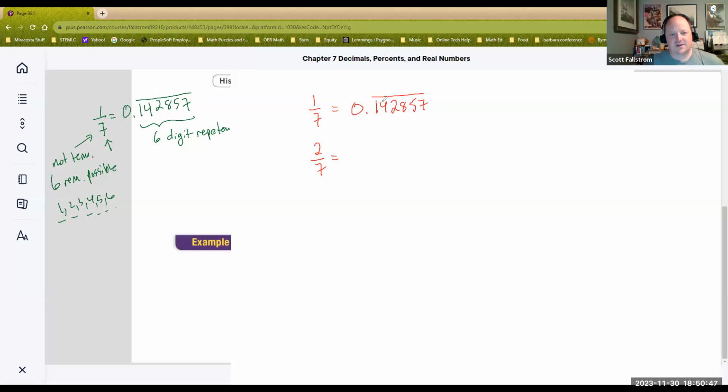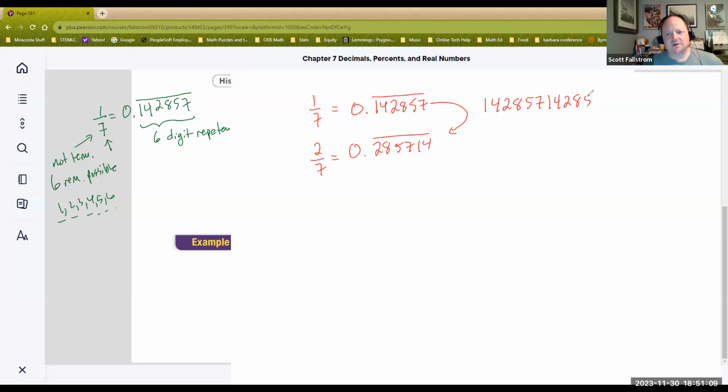They give you everything that you need. 2/7 in this case, because there's only 6 possibilities here, is 285714. Now I want you to take a look. It's basically the exact same digits in order. Notice if I wrote out the first one, I'd have 142857, but the bar says it's going to repeat.